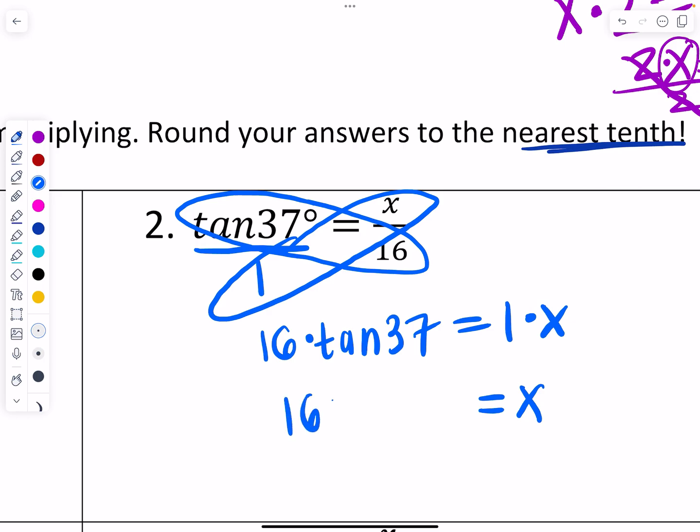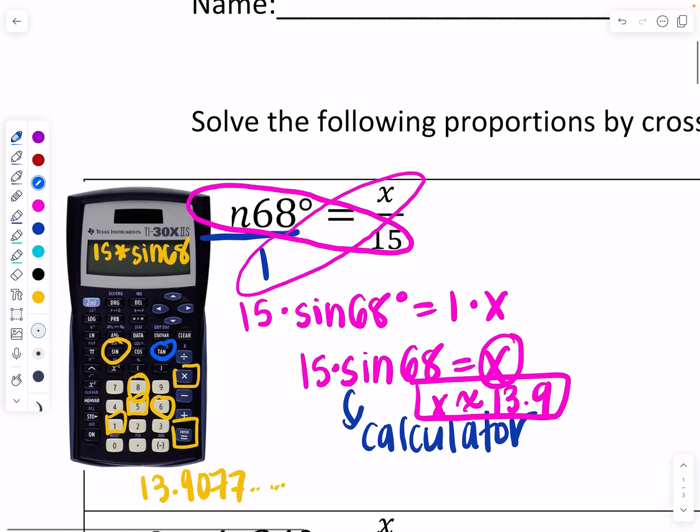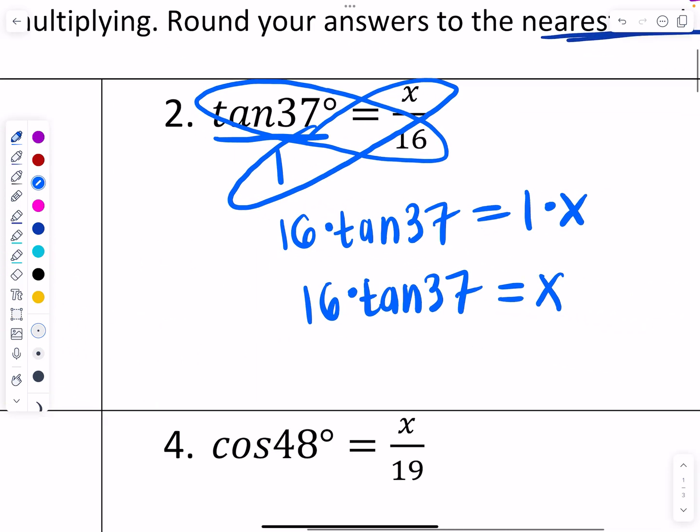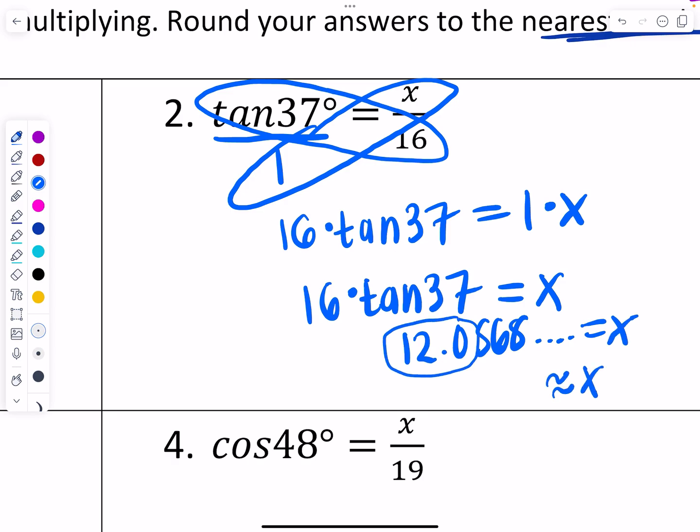And then I'm going to type into my calculator 16 times the tangent of 37. When I type that in, 16 times the tangent of 37 degrees, you click enter, and that is going to give me 12.0568... And so when I round that to the nearest tenth, look at this, this tells it to round up, so that's going to be about 12.1.